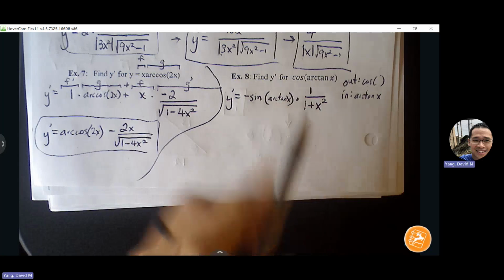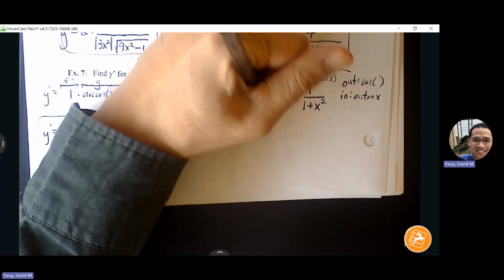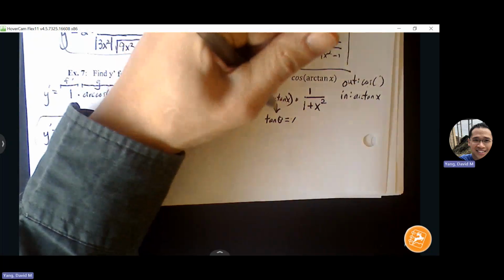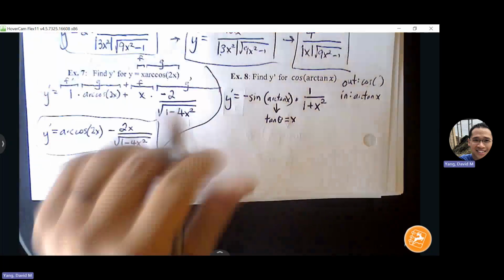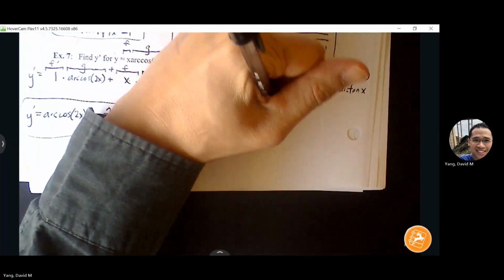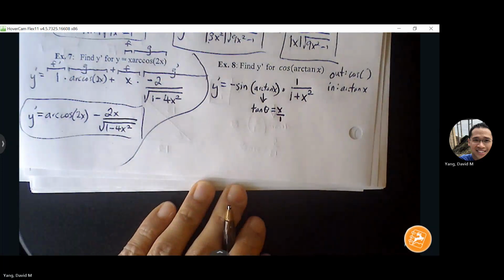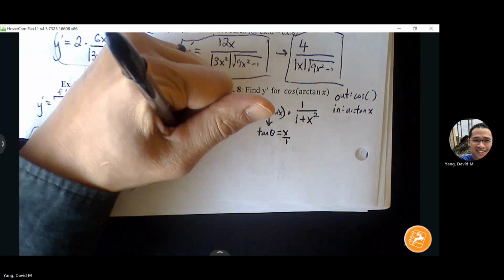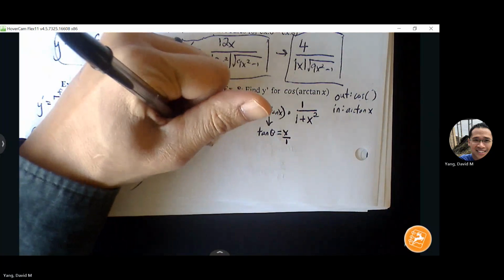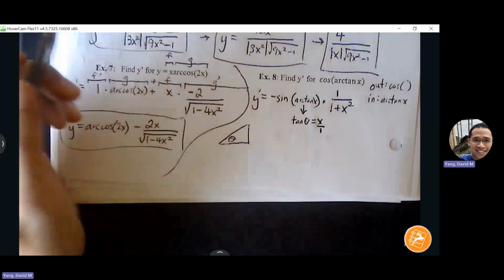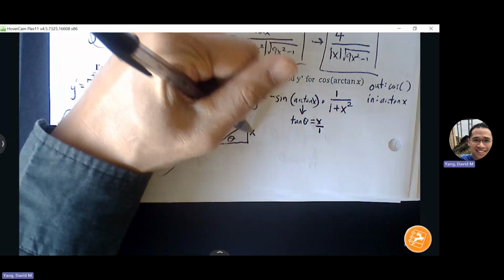So sine of arctangent of x, step to the side here and say this is basically the same thing as saying tangent of theta equals x. Okay, so create our triangle here, tangent of theta, x over 1, opposite over adjacent.